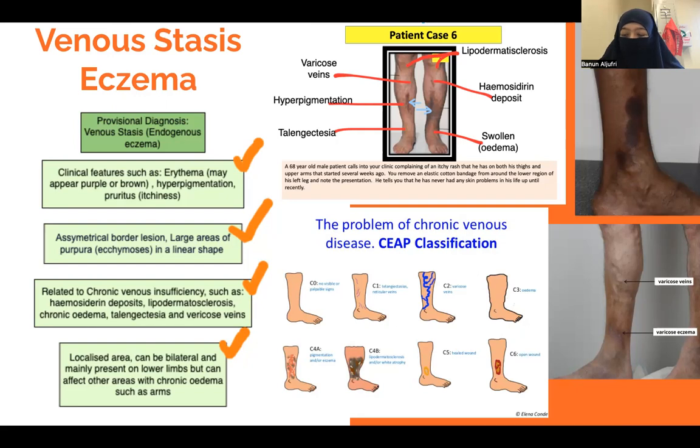Eczema is a skin condition that causes dry and itchy patches of skin. So an eczema that is related to venous insufficiency is called venous eczema or varicose eczema.